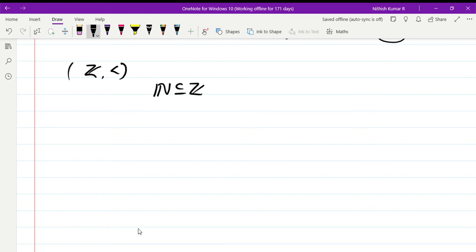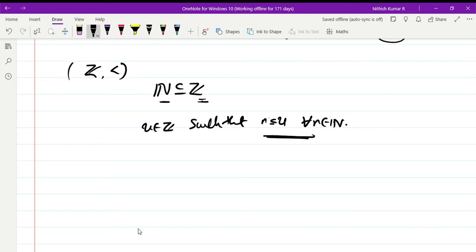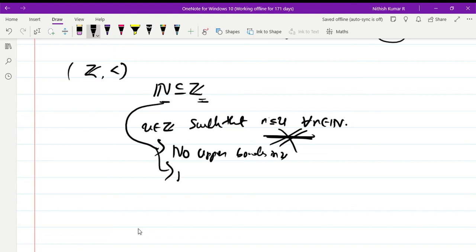Give me an element U belongs to Z such that U is greater than or equal to n for all n belongs to N. Such an element does not exist. Therefore N has no upper bounds in Z. Therefore N is not bounded above.